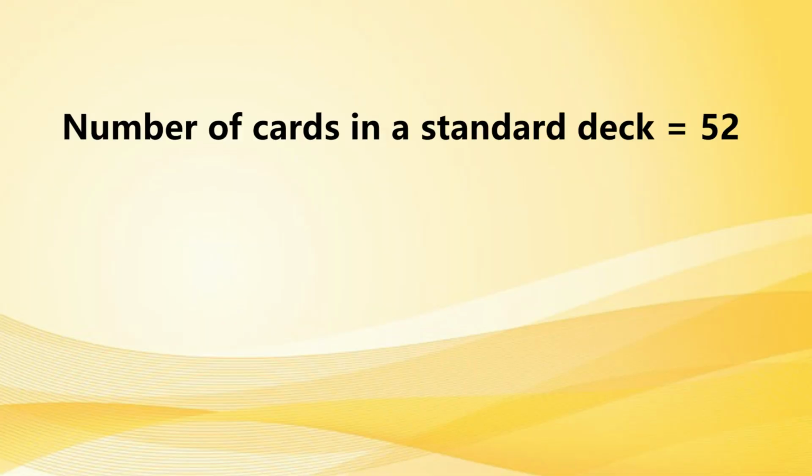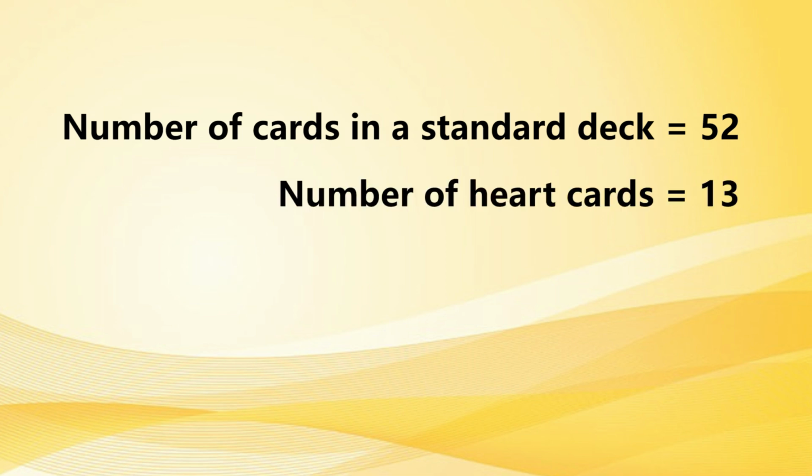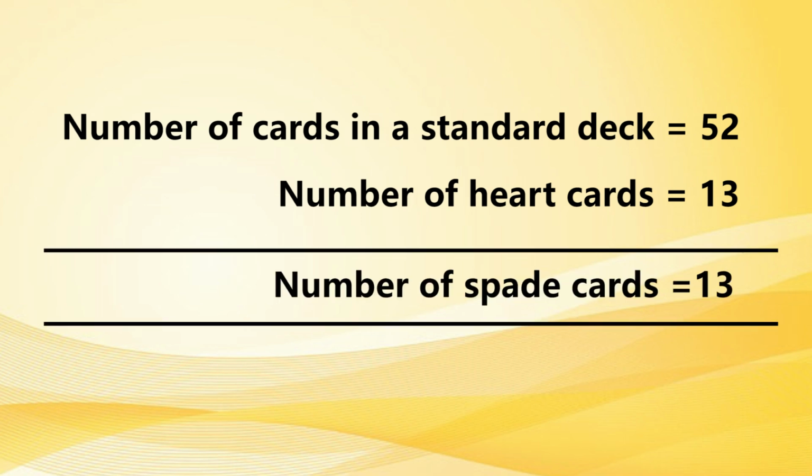From the given information, we have the number of cards in the standard deck is 52 and the number of heart cards in the deck is 13 and the number of spade cards in the deck is 13. The probability of A is 13 by 52 because out of 52 cards, 13 are heart.